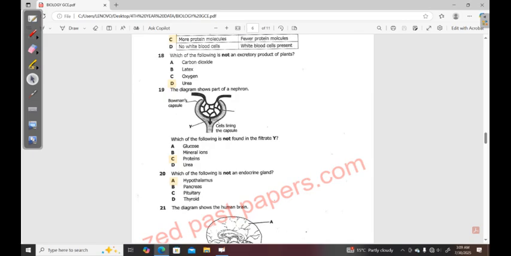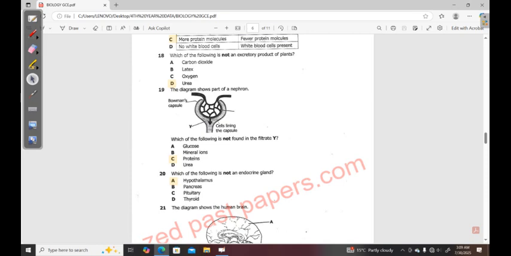Okay, so we have to look at this question in two ways. So we start with carbon dioxide. Where is carbon dioxide produced? Give you a minute to think about it. Carbon dioxide is produced in photosynthesis. As well as latex, we can see latex, that whitish substance produced by plants.